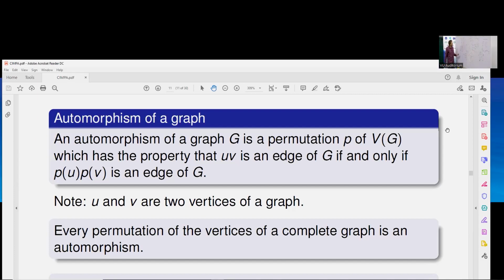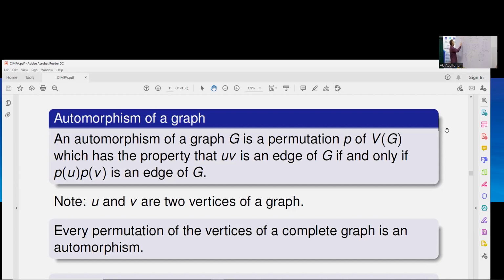So the question is, I want to put u1 here. Can I rewrite the vertices now in such a way that each of them which are adjacent here will be adjacent here? Well, I guess it's quite clear that I can just reach these two, right? So if I put u1 to this place and u3 to this place, this will be my permutation.